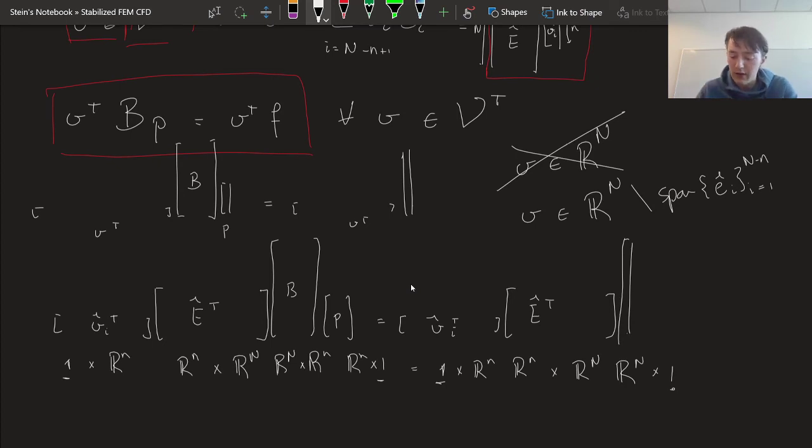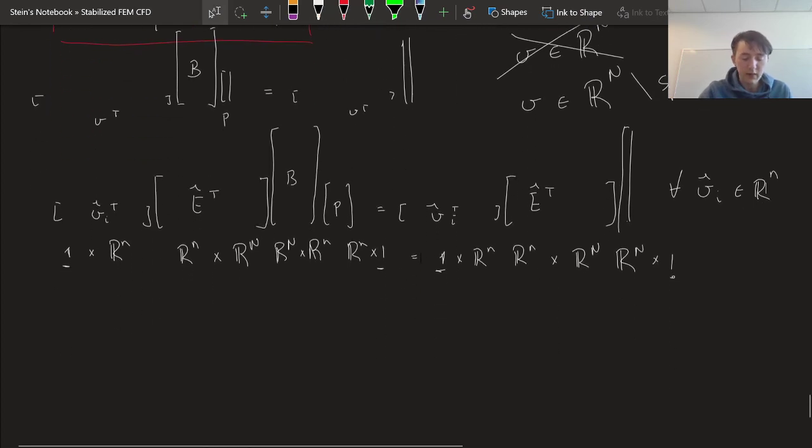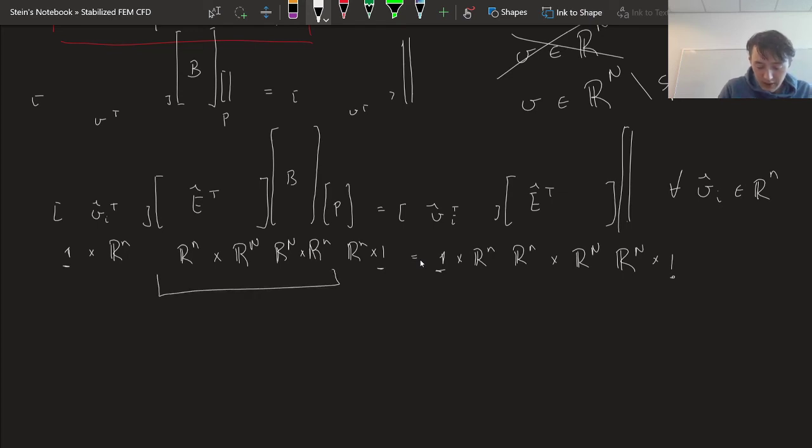And now this one can be true for all v hat I in R. How many? We have small n of these functions. So I can collect these, I can perform this contraction, and that gives me v hat I transpose times, sorry, I should be a little more careful to keep illustrating the sizes of these matrices properly.